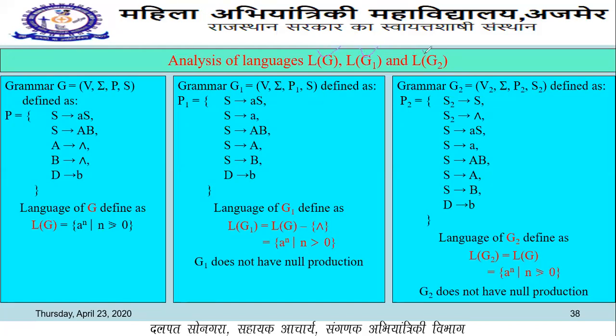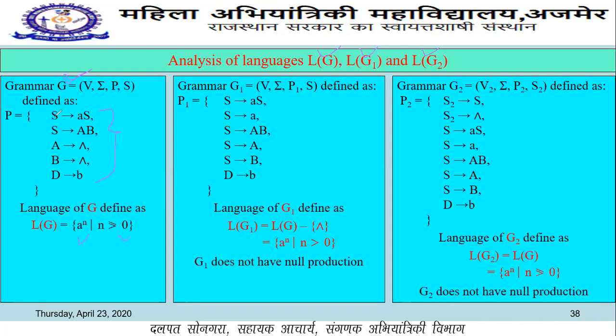Now it is our turn to analyze all these grammars: L of G, L of G1 and L of G2. So in the very first, G. When we look at this grammar G, and consider any derivation of this G, we find that this grammar G derives only n occurrences of A where n is greater than or equal to 0.